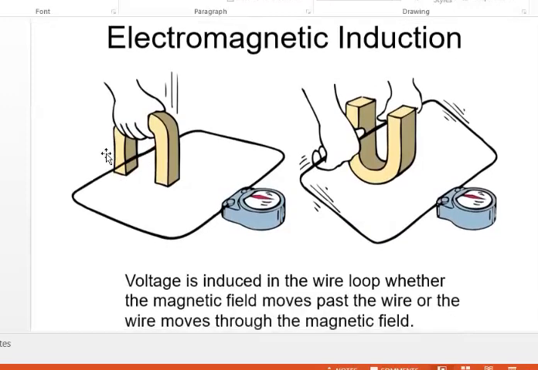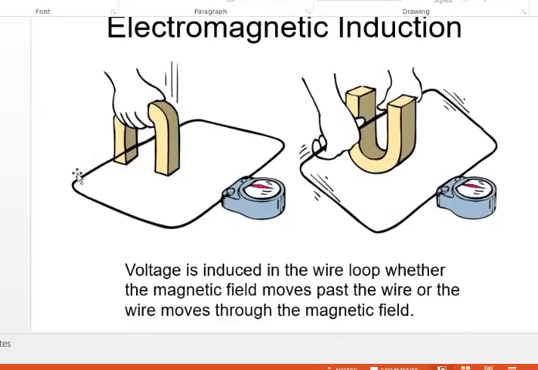So here you will see electromagnetic induction. This is the conducting wire in the form of a rectangular loop, and one end of the wire is connected with one terminal of the galvanometer and the other with the other terminal of the galvanometer. And here you see a magnet. When this magnet is at rest, no deflection will be observed.